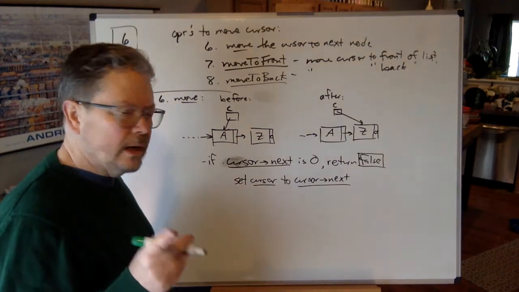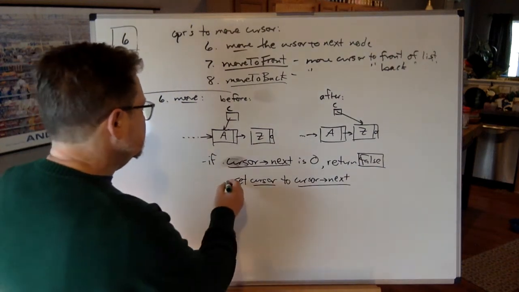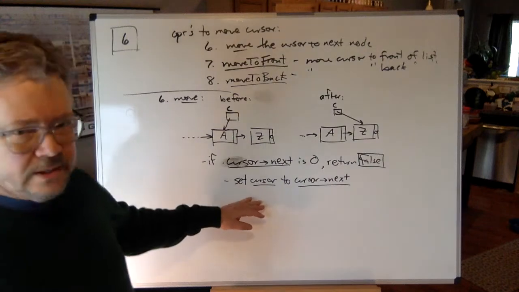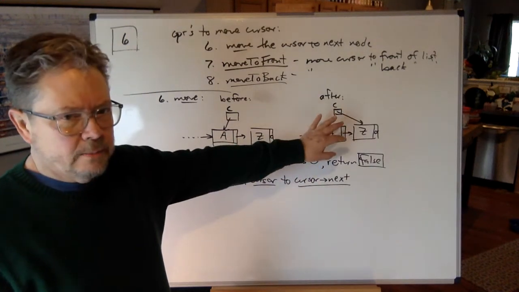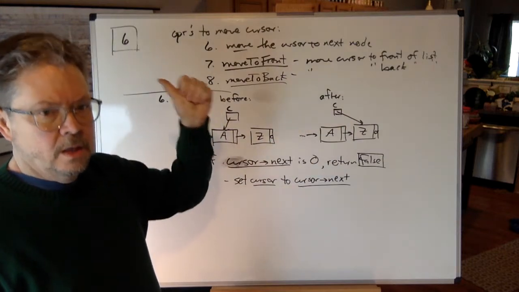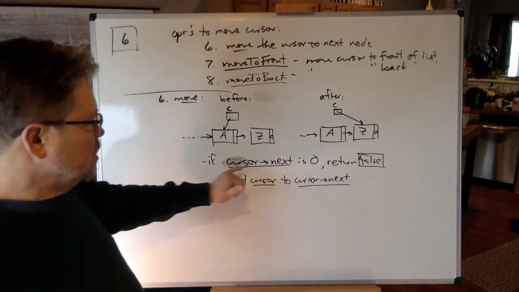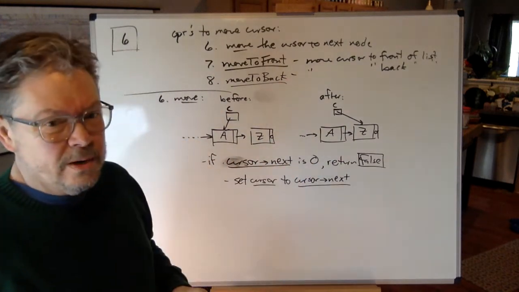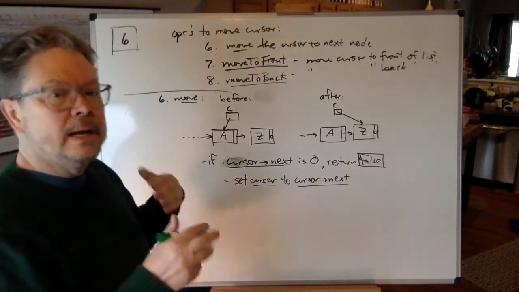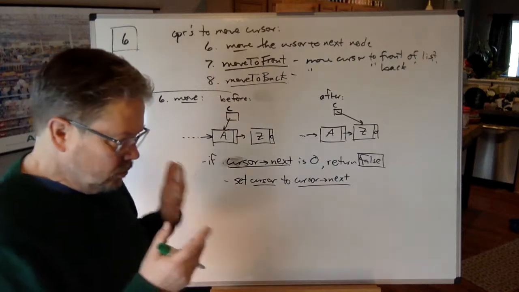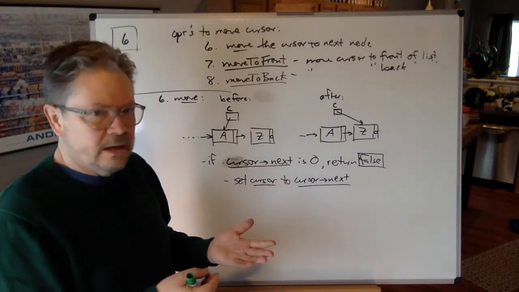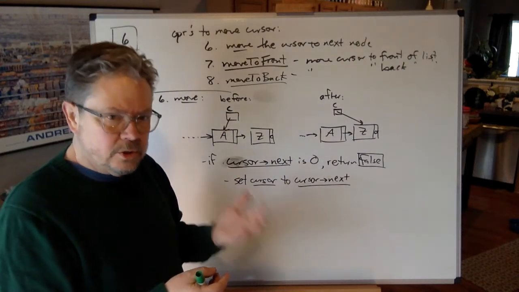And if you remember what that was, that means if we're still here, then it will do this. So if the cursor arrow next is 0, we can't complete the operation, we're gone. If we're still here, that means the cursor arrow next is not 0, and by yet another convention, any pointer that we leave not 0, we're going to assume by convention points at something valid. It's not a garbage pointer, it's a legitimate pointer.